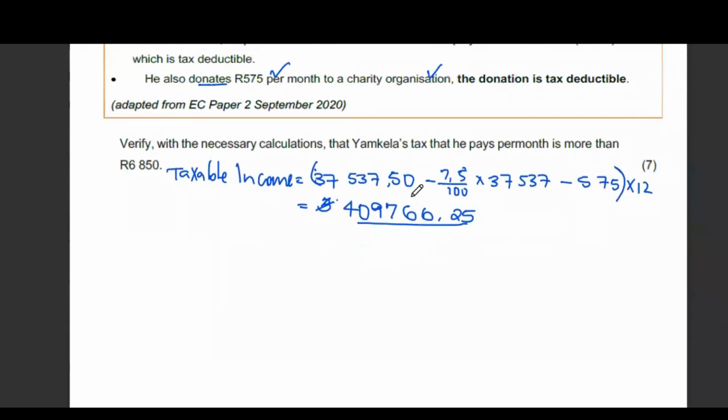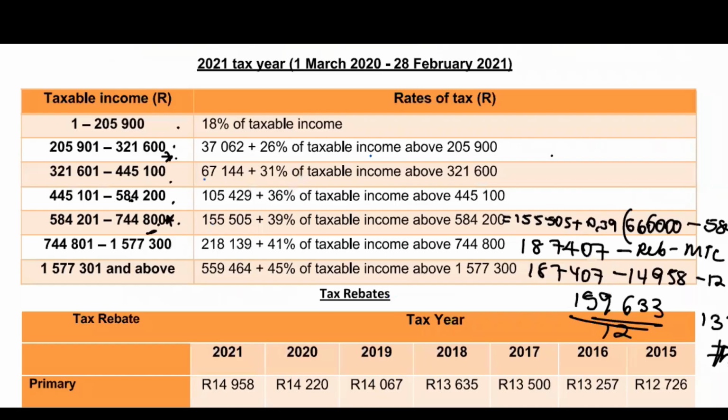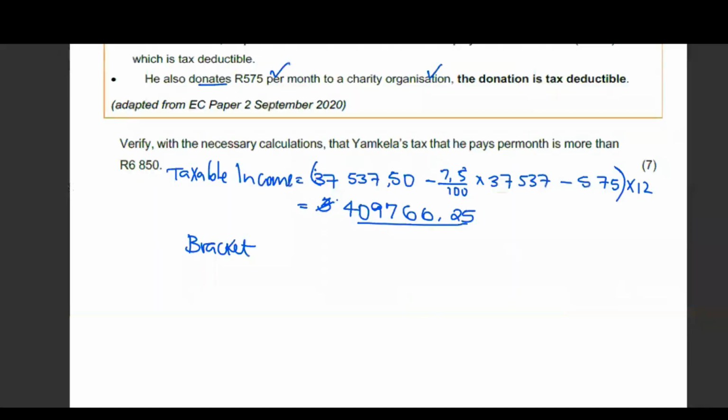Second step, we determine the bracket. Which bracket does it belong to? Let's determine the bracket. We say the person is in bracket number 3.